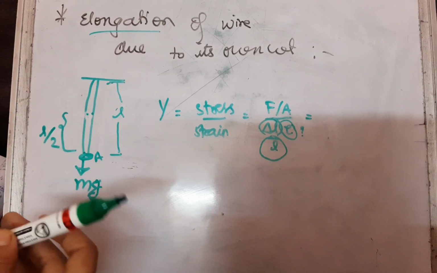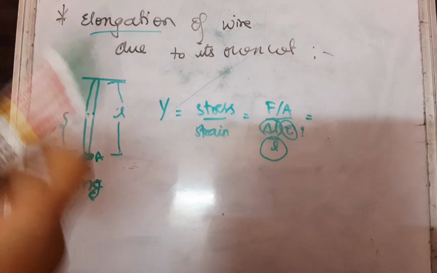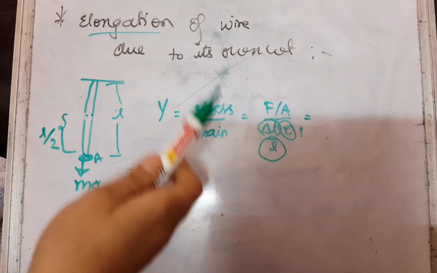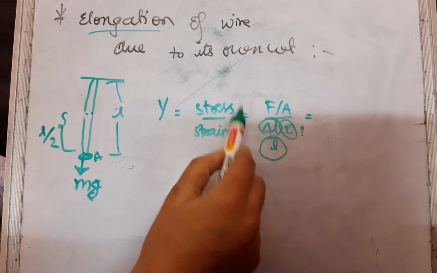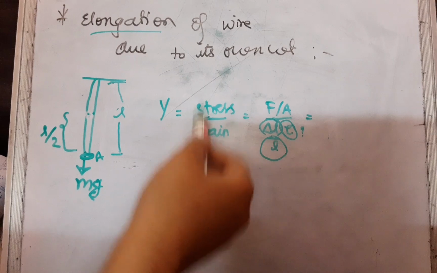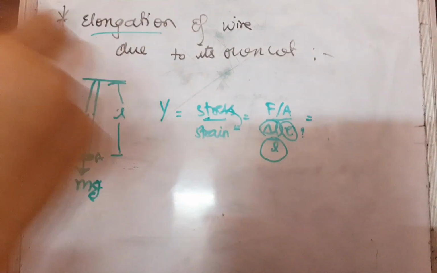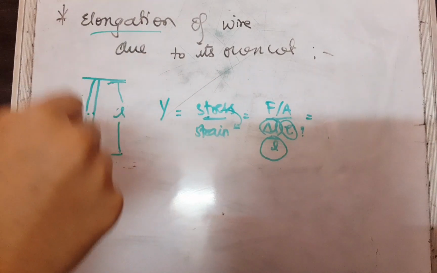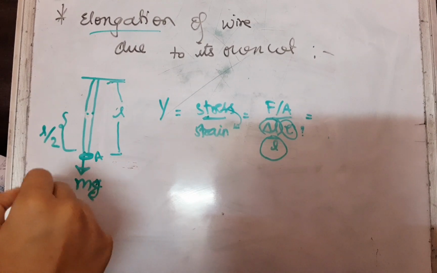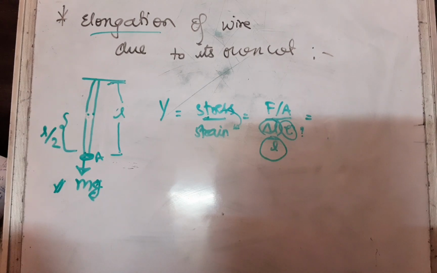So see, stress and strain are related to each other. So by what reason or by what stress that particular strain is produced, you should consider. Now here the strain was produced by mg. The strain was produced by this force mg.